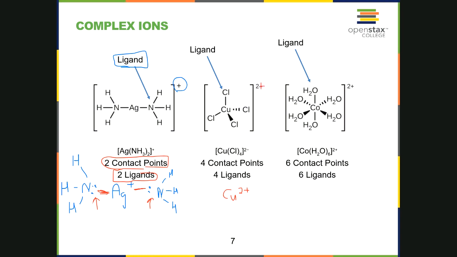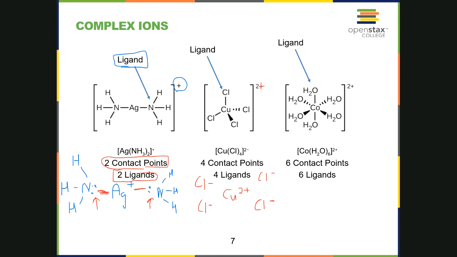Anyway, we got a copper cation, 2 plus, and to form this compound, we've got a bunch of chlorides. Now, I know you're thinking, well, why don't I just go CuCl2? And you could, and that would be an ionic compound. But we can also get a complex ion that has 4 of these chlorides with it.